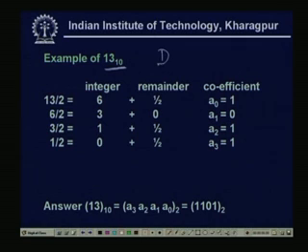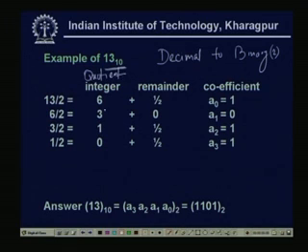I want to convert decimal to binary, so my base is 2. So, 13 divided by 2. The integer portion, that is my quotient, is 6 and the remainder is 1.